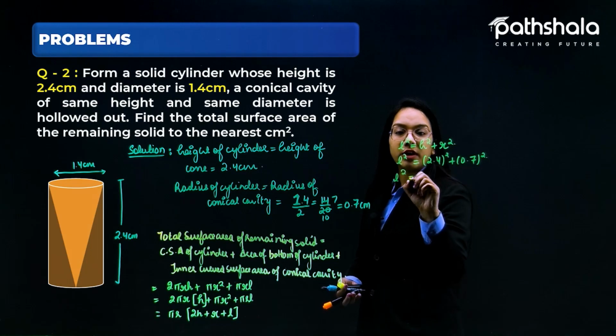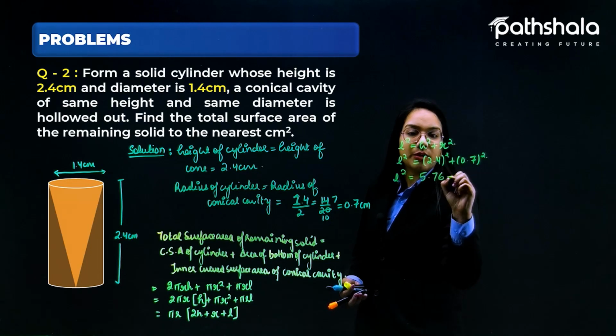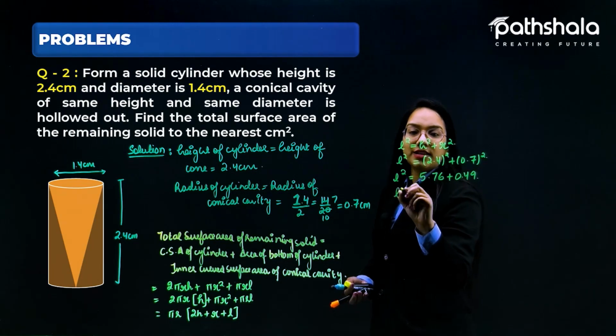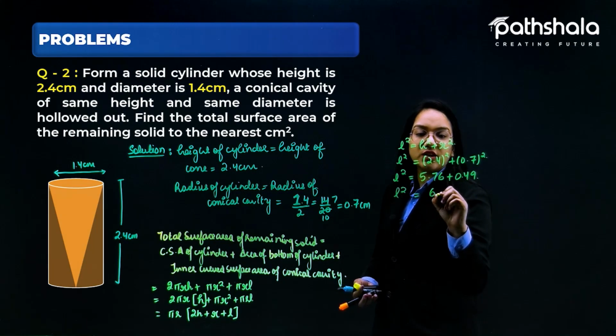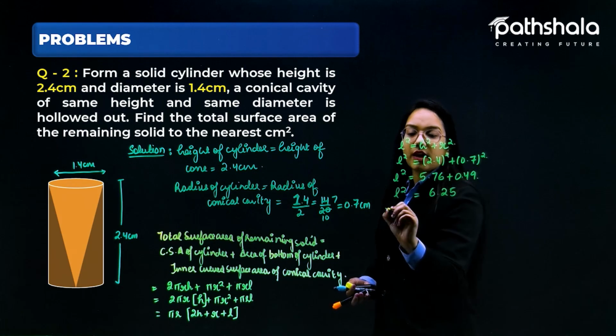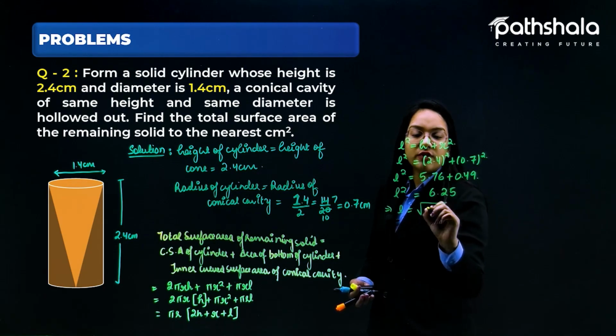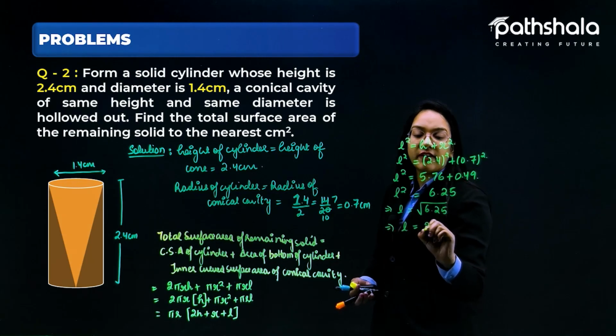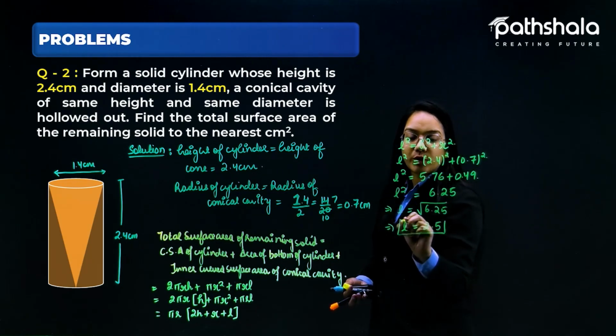So l² would be 5.76 plus 0.49, so l² is equal to 6.25. Hence l is the square root of 6.25, which is equal to 2.5. So l is coming out to be 2.5.